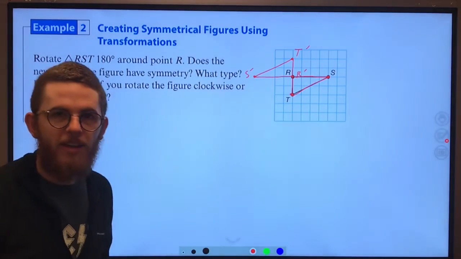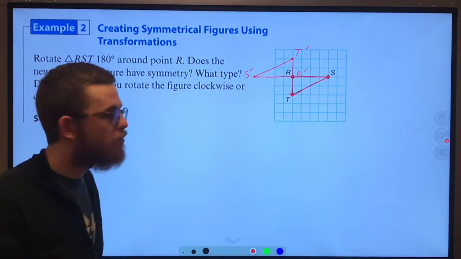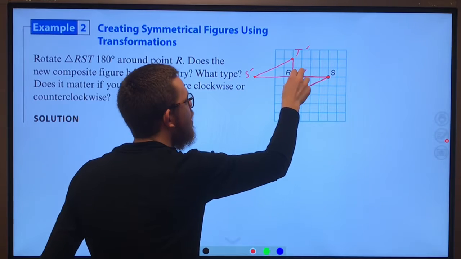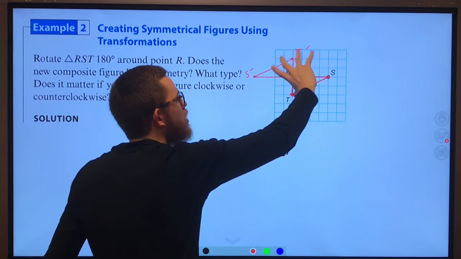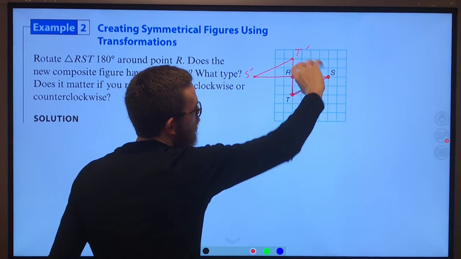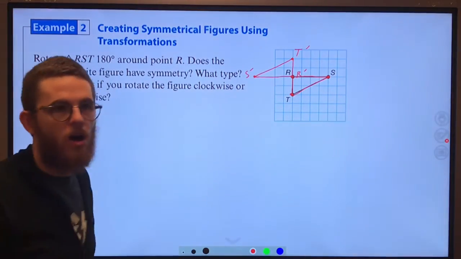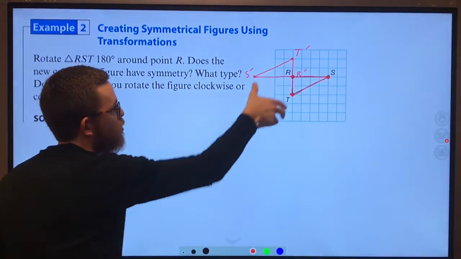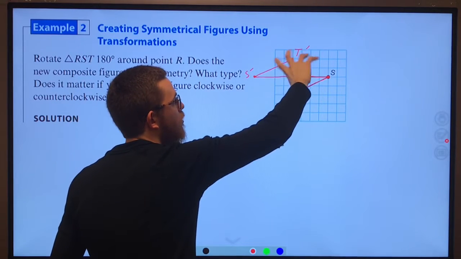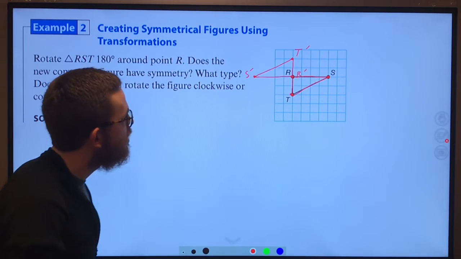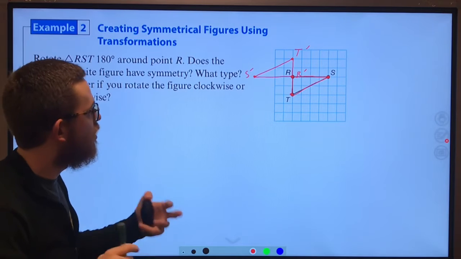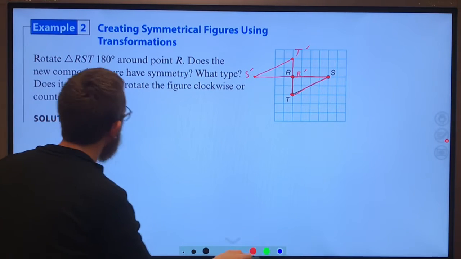Well, it doesn't have line symmetry, but it does have rotational symmetry. If we rotated this entire object about point R, it would coincide with itself after we rotate it 180 degrees. It doesn't matter if we rotate it counterclockwise or clockwise, it would coincide with itself. It would be the same image.